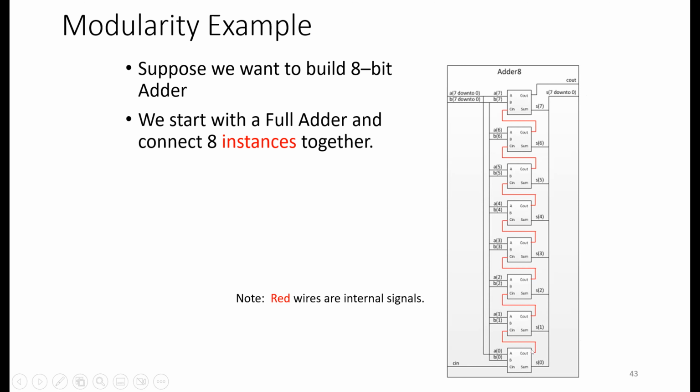I am taking the output, the carry out of the stage 0, feeding it as a carry into stage 1. Carry out of stage 1 going to carry in stage 2, and so on.